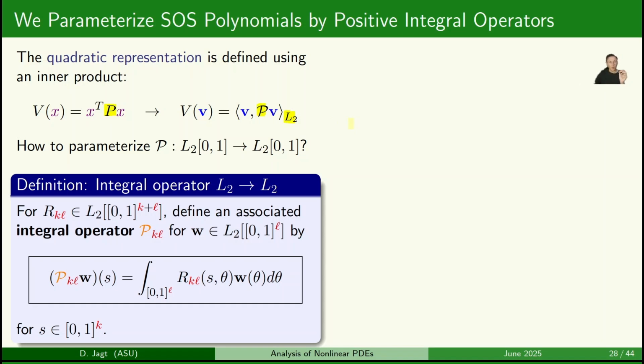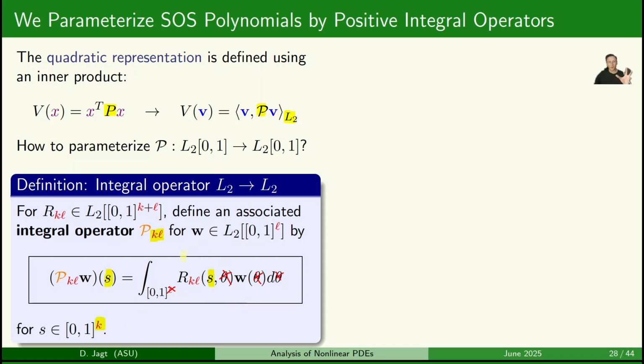And in particular, we will choose these operators P to be integral operators. So we define here this operator P mapping a function in L variables to a function in K variables by basically just integrating out the dependence on this variable theta in the L dimensional domain and introducing a dependence on this variable S in the K dimensional domain.